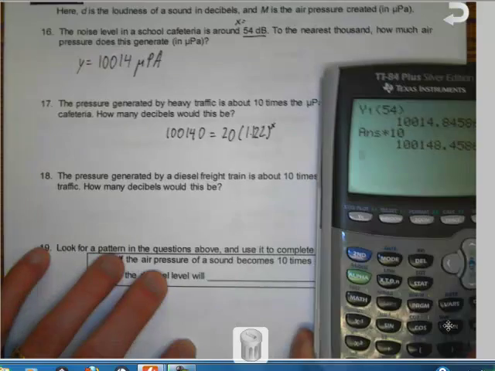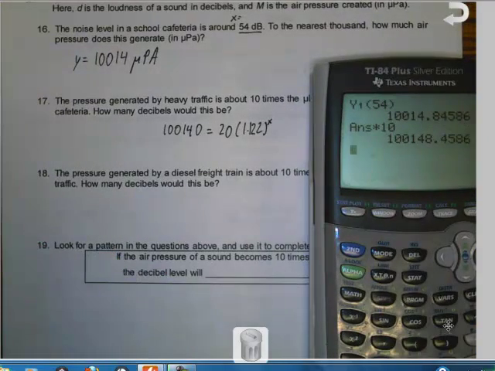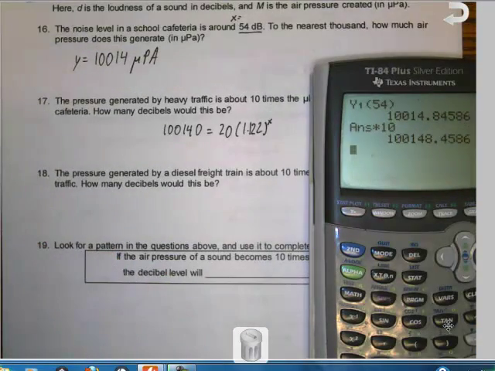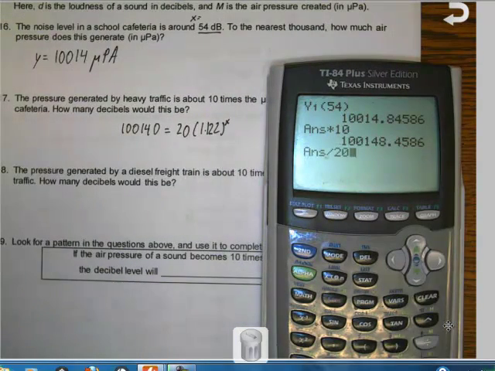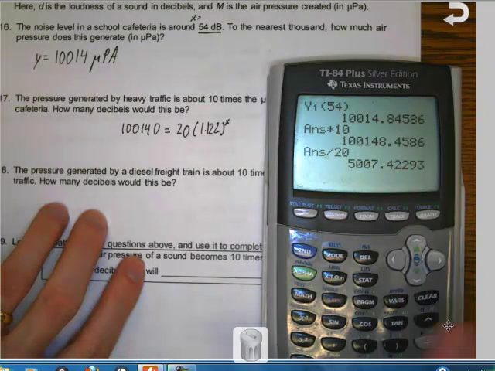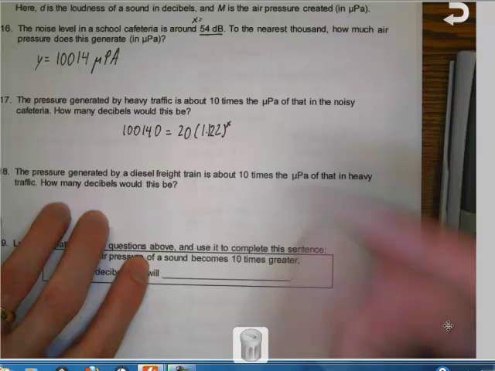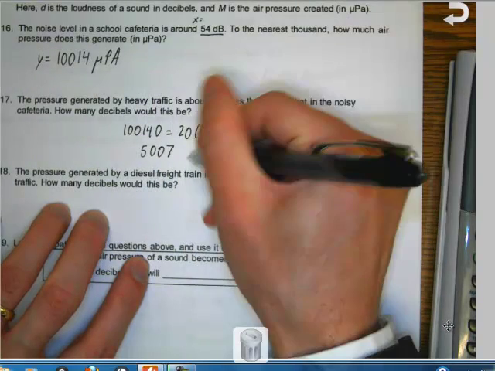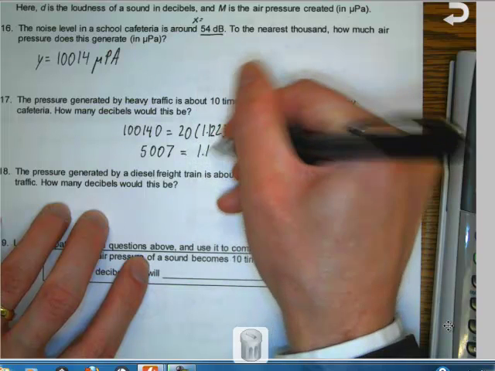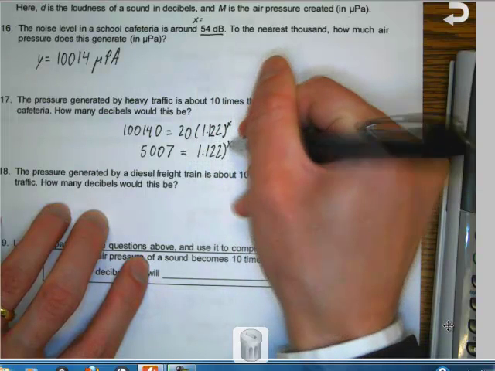I multiplied my previous answer by 10. Now I'm going to divide it by my coefficient 20. And so that gives me 5007 is equal to 1.122 to the x.